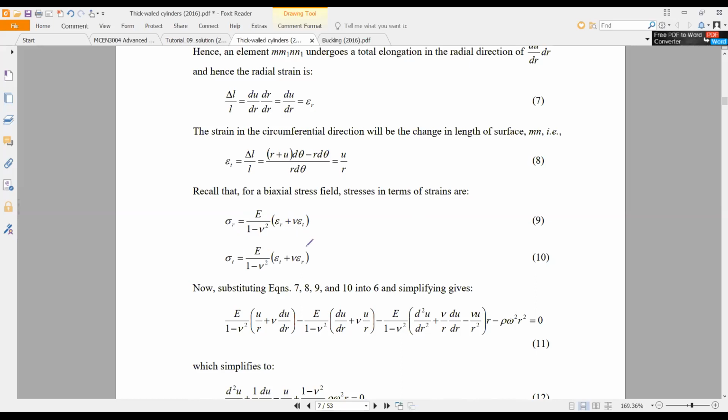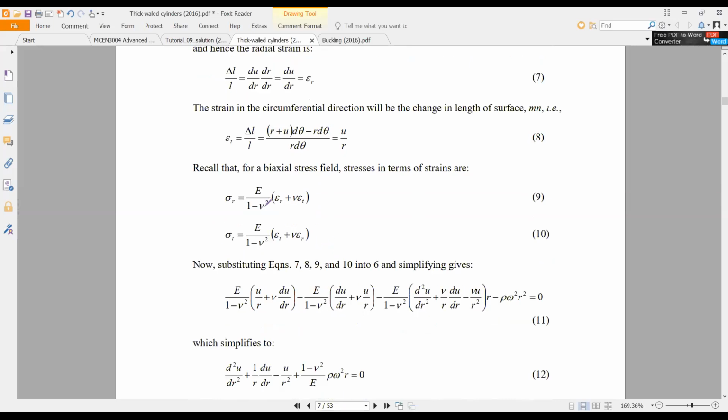Okay, so I'm not going to explain this equation because you already know how to derive it. I hope you remember. So then what we are going to do, we already calculated the equation for sigma r and sigma t, and now we know another relation with sigma r and sigma t, that means radial stress and tangential stress.